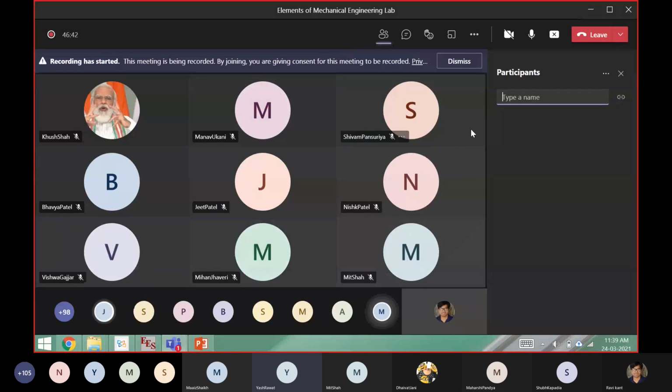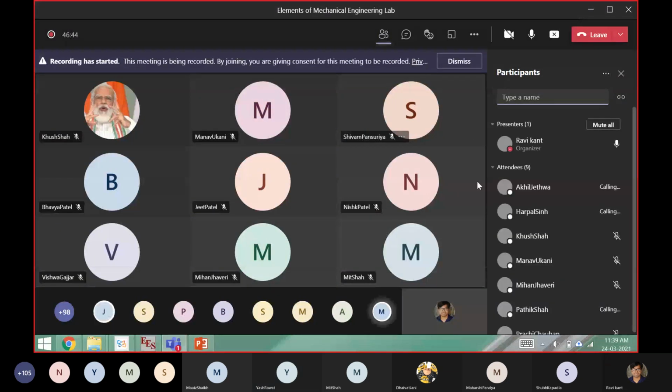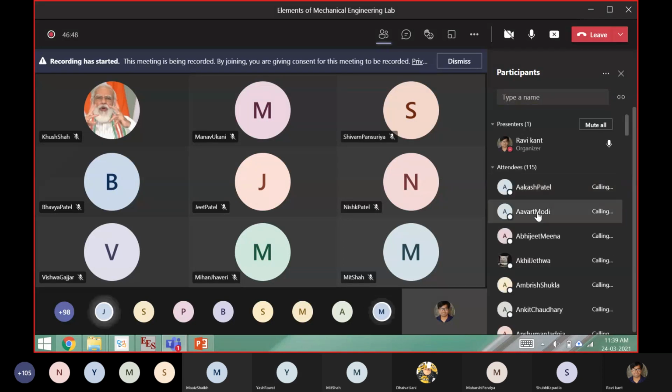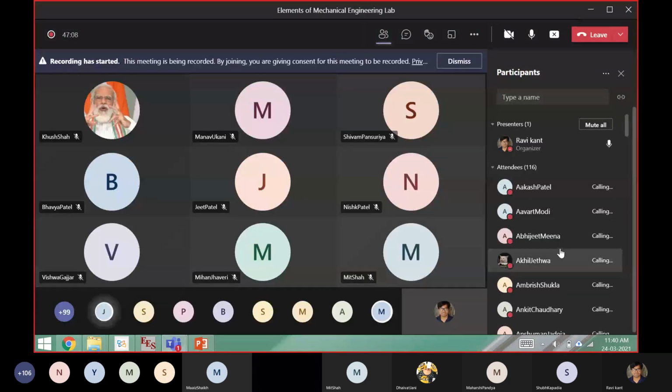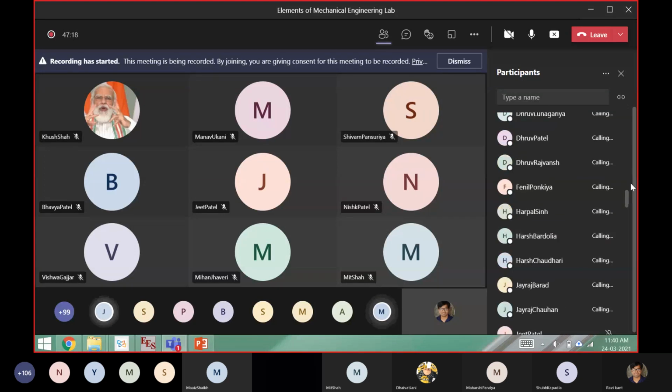Akhil Jetwa, Akash Patel, please mute yourself. Atharth Modi, Abhijit Meena. Everybody is fine. I don't know. Fine. Something is happening. Okay, fine. Let me proceed because I have to finish this.